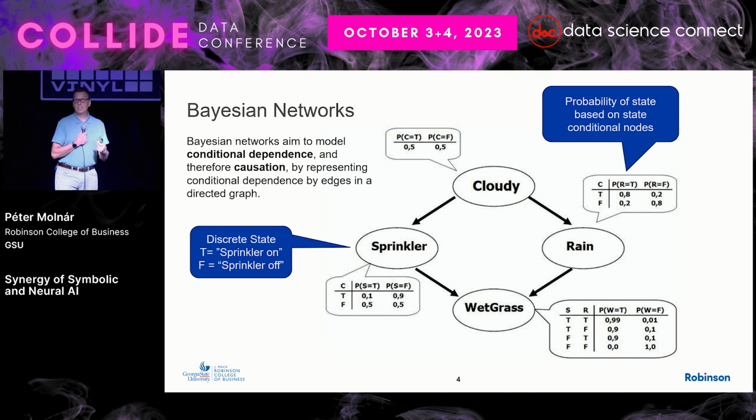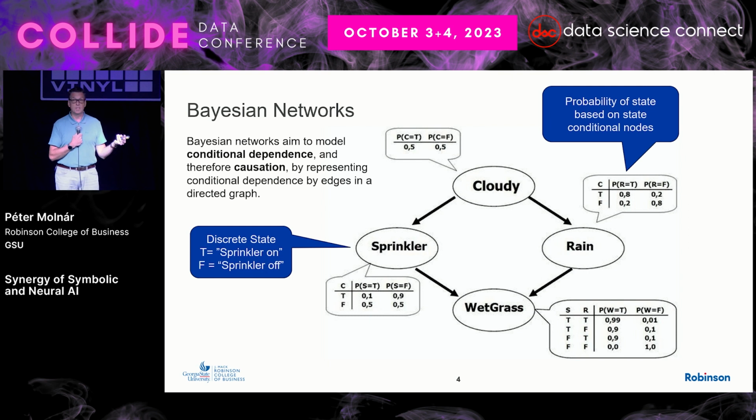Some applications for symbolic computing are, for example, Bayesian networks. This is a step up from basic logic tables, for those who might not be familiar with that. Think about the dependencies: the nodes represent certain states, like, for example, is it cloudy or not?